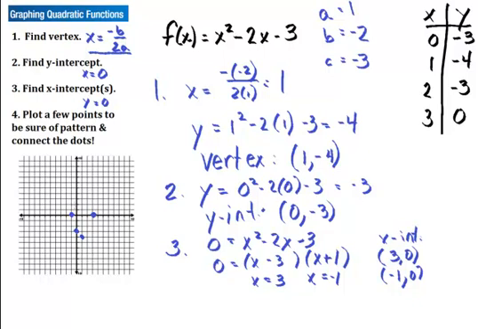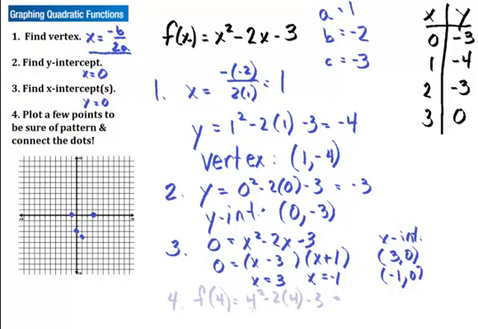And then I want to put a few more dots in there just to make sure that this is going to be correct, but I'm pretty sure it is. Let's just do one more. I want to do one that's kind of maybe out there a little bit. Let's do f of 4. So that'd be 4 squared minus 2 times 4 minus 3.